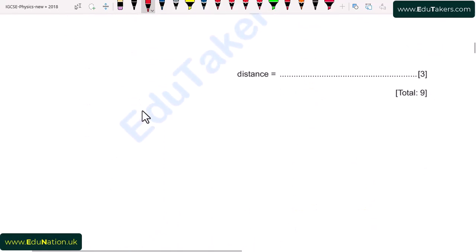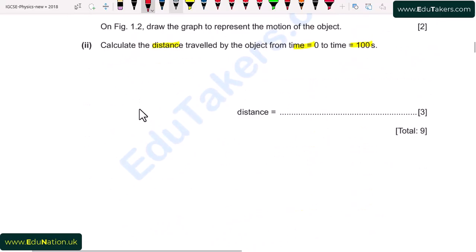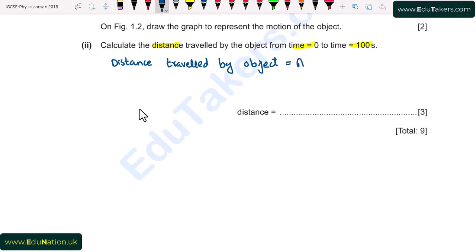So I am going to write here: distance travelled by object is equal to area under graph. I write here area 1 plus area 2.